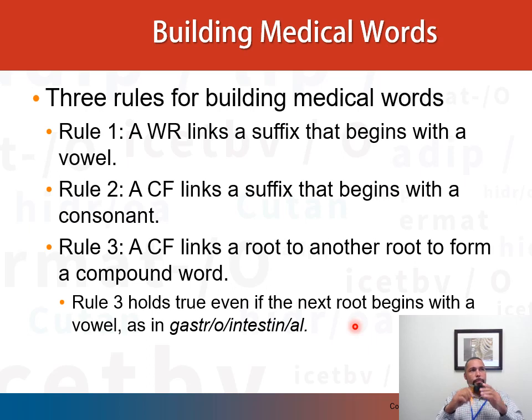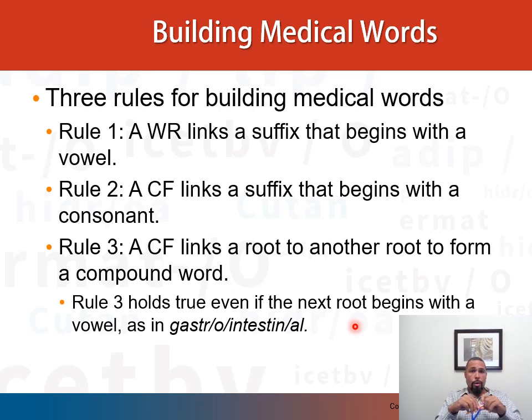There are three rules for building medical words. Rule number one is that word roots link to a suffix that begins with a vowel. Rule two, a combining form links to a suffix that begins with a consonant. And rule three, a combining form links a root to another root to form a compound word.